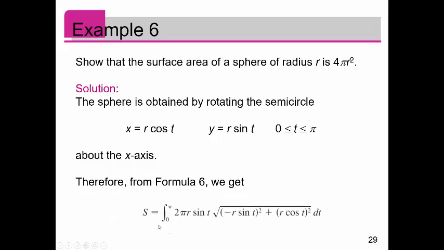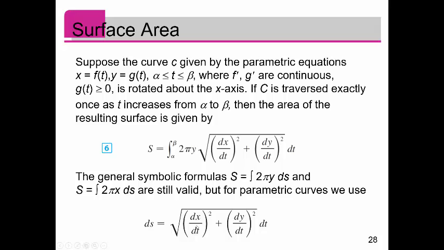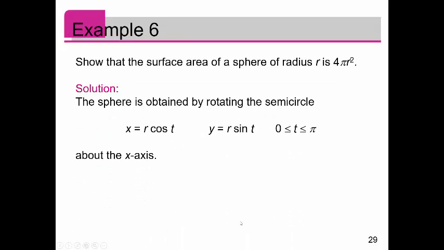All right, so the formula here, surface area is equal to the integral from 0 to pi of 2 pi y, and remember y is r sine of t, times the square root of this right here. Where did this and this come from? Remember, it's dx dt and dy dt.